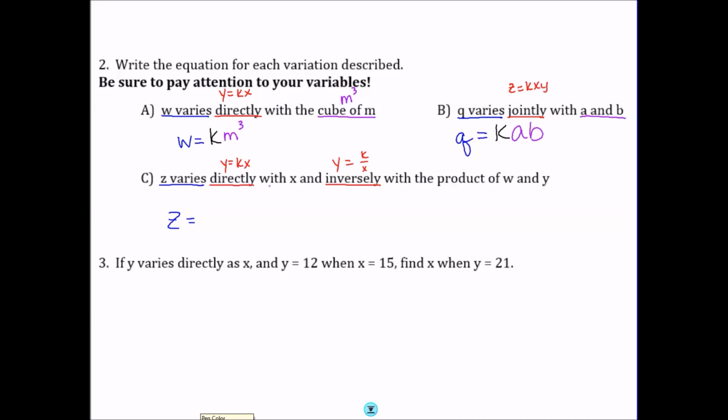So if z varies directly with x, that means we're going to have k times x, and then z varies inversely with the product of w and y. That means w times y. So if it varies inversely with wy, we're going to divide by wy.